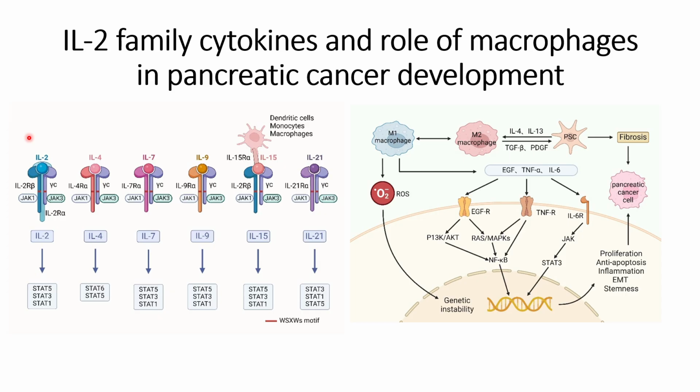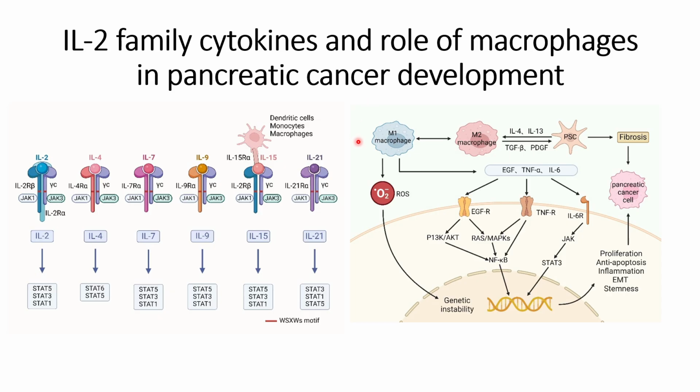This IL-2 cytokine also plays a role in the activation of T regulatory cells. Therefore, it also has a role in the autoimmune control of the host. So, IL-2 has an important role in maintaining the homeostasis of the immune system.